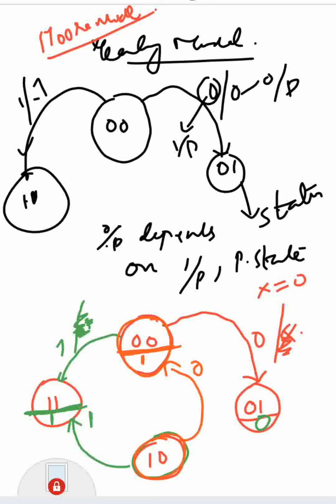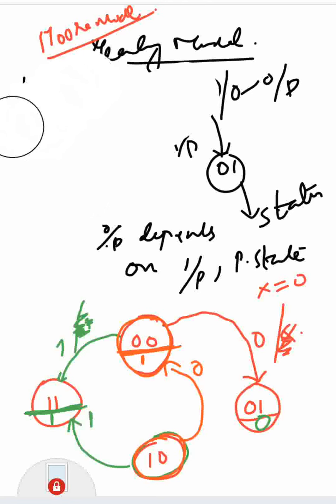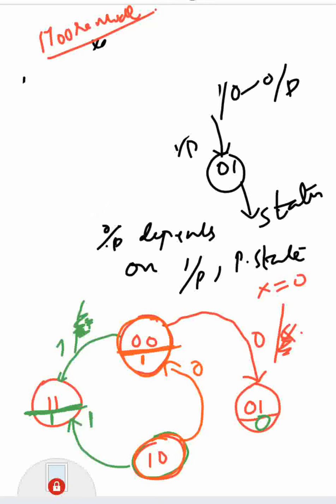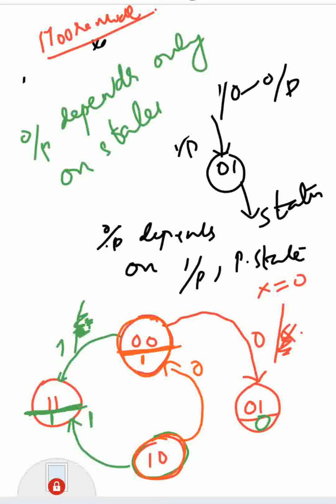So here the conclusion is output depends only on states. It is independent of input.